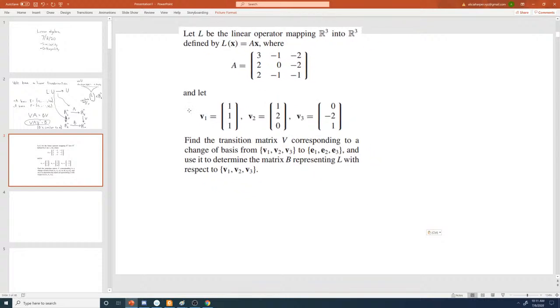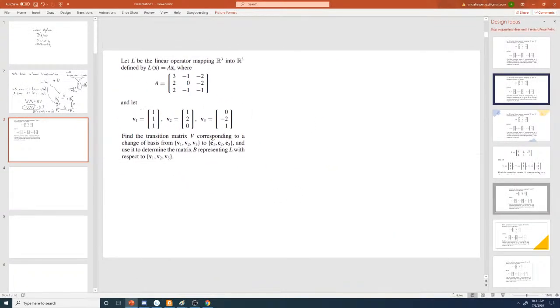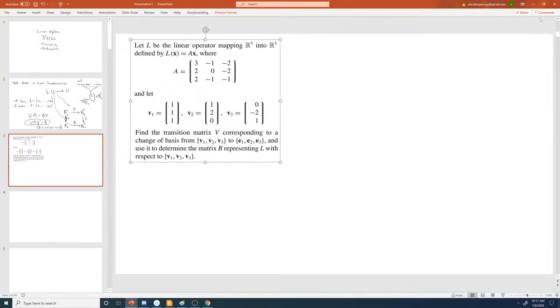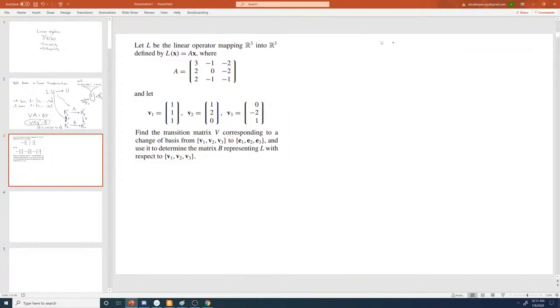I'm going to go through this one very carefully. We have a linear operator L from R3 to R3, defined by this matrix A. Because we're going from R3 to R3, we're implicitly using the standard basis. So to write down my diagram, I have R3 here, and I'm going to write STD here to indicate that we're using the standard basis.